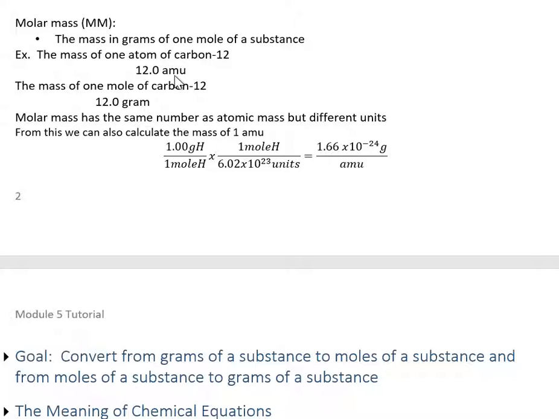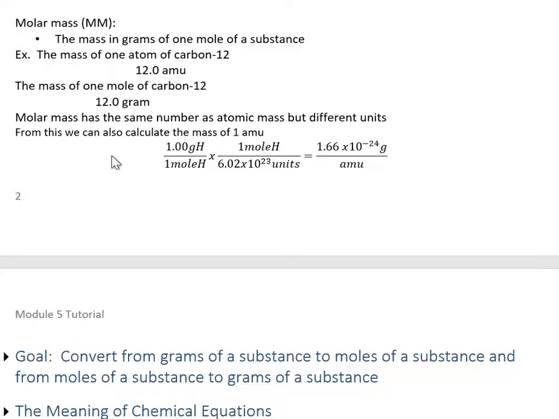Well, if I had a mole of those guys, I would have a mass of 12.0 grams. Or another way to say that, if I have 12.0 grams of the isotope carbon-12, I would have 1 mole of those carbon atoms. So molar mass has the same number as the atomic mass, but it's just different units.